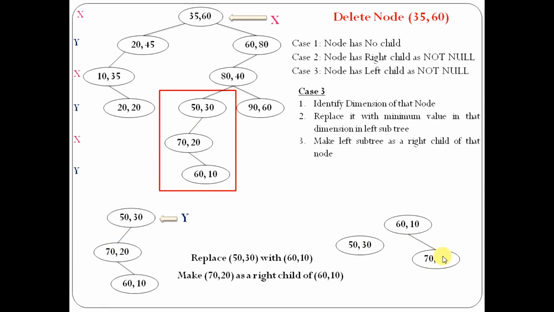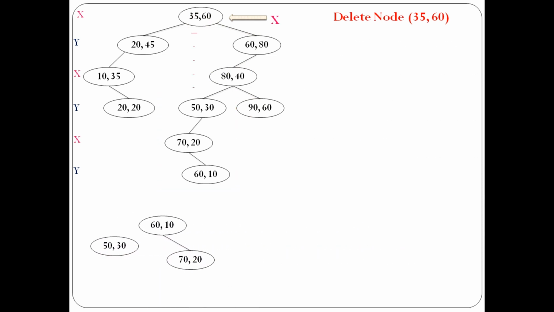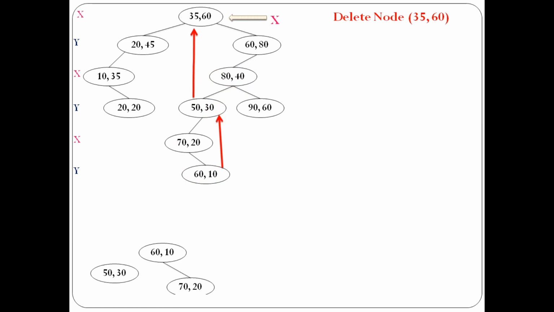Now we got (50, 30). Now we want to delete (35, 60) and replace it with this node, (50, 30). We have already performed the operation on this tree also, so (60, 10) will take the place of (50, 30).